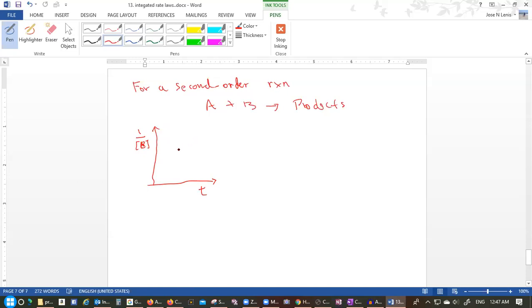And what you should get for a second order reaction is a straight line with positive slope. And that slope happens to be the rate constant, which is positive.